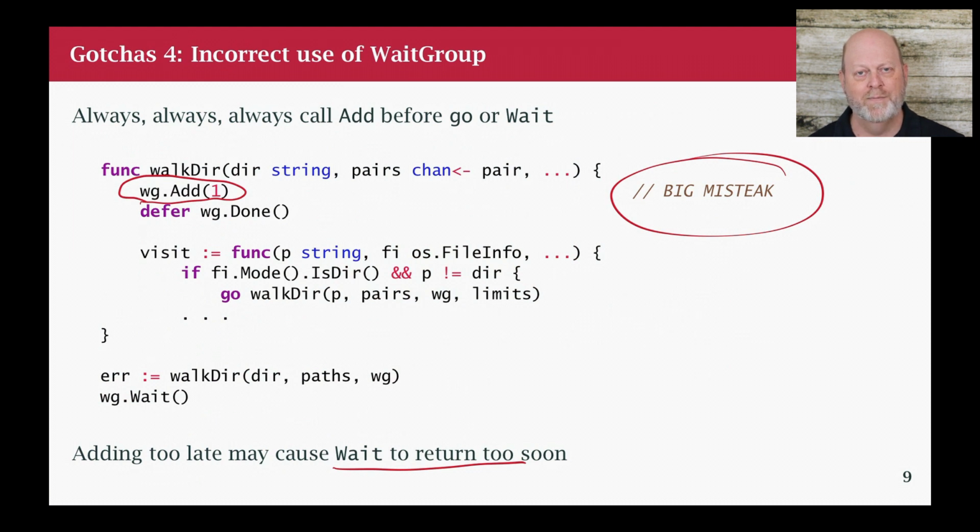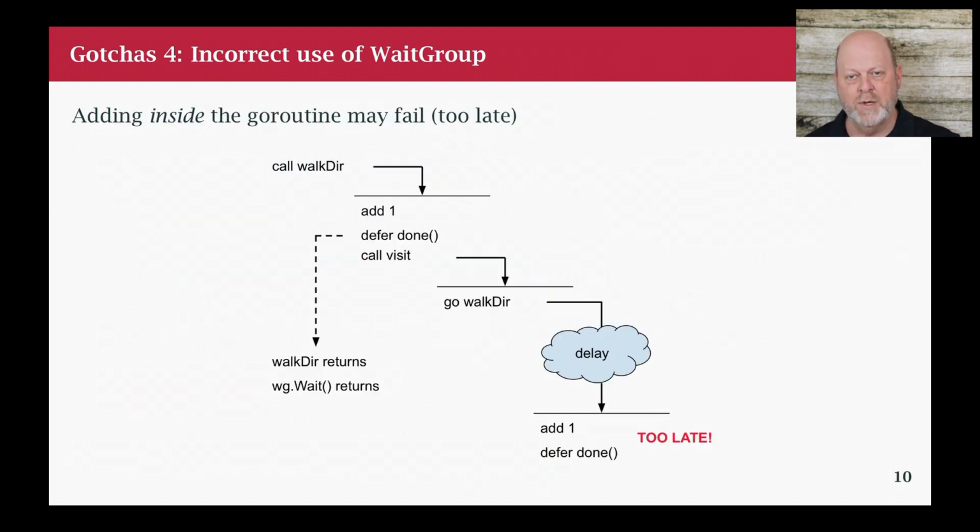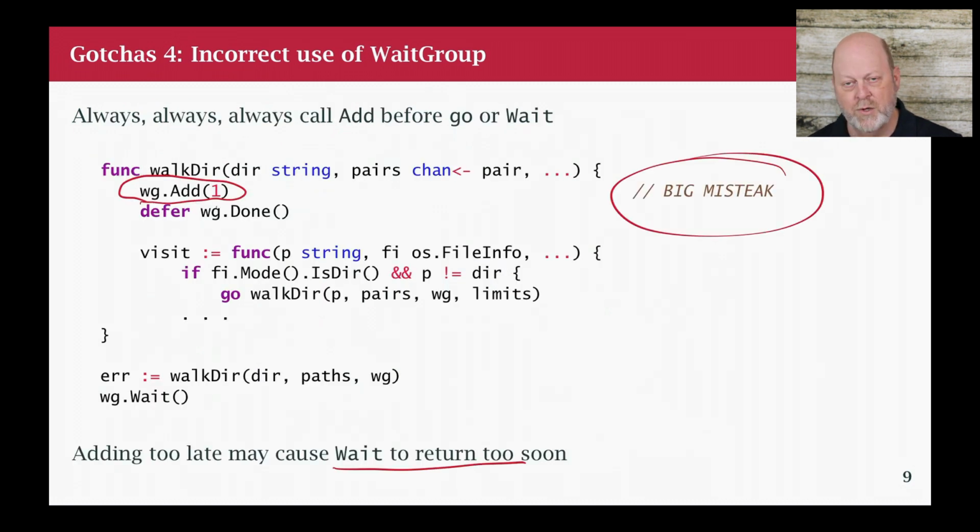How does that happen? Here's an example of where it can happen. We started, and if you remember the program, the first walkdir actually didn't have a Goroutine. But let's suppose I've got a walkdir running, and what it does is the code that I just showed you. Let me snap back. It adds to the wait group, and then it calls defer.